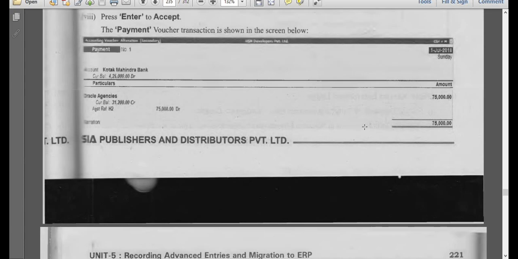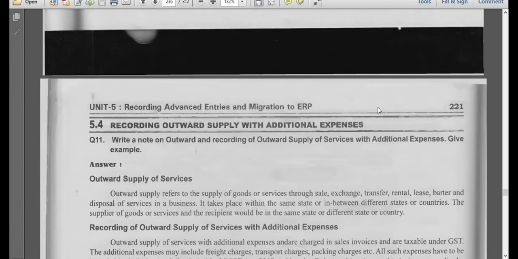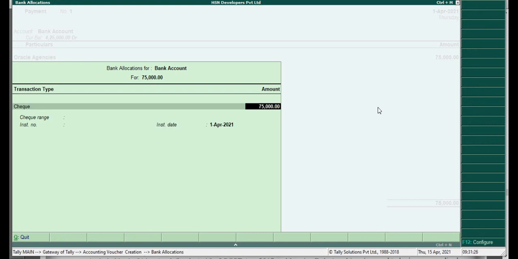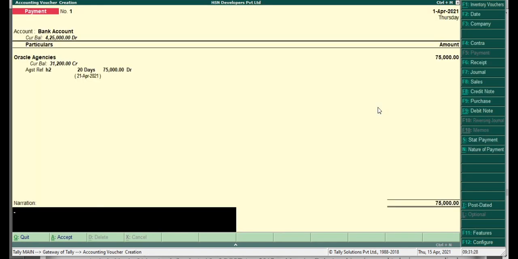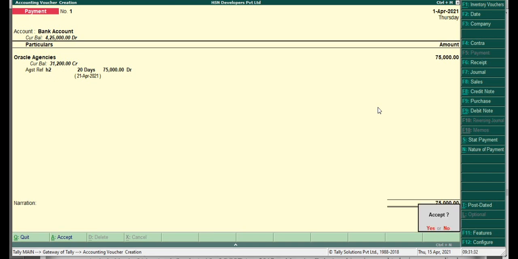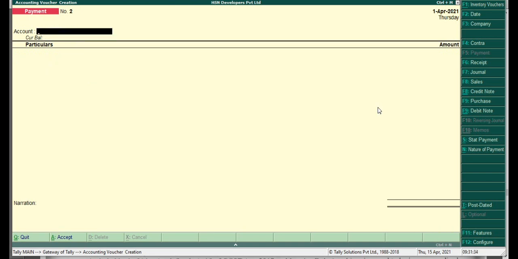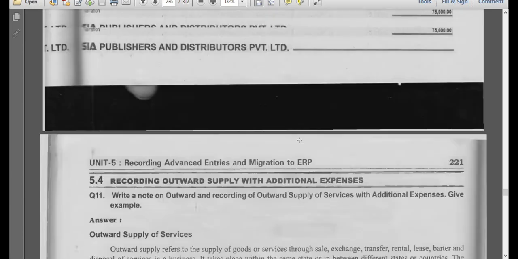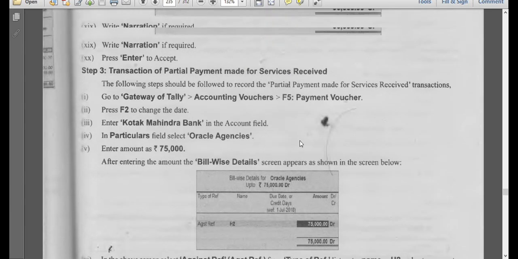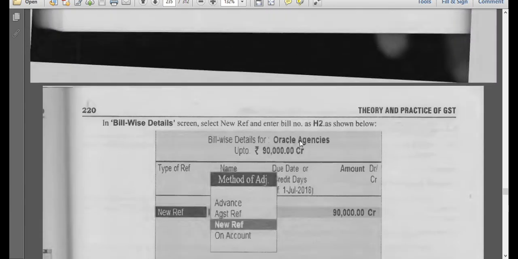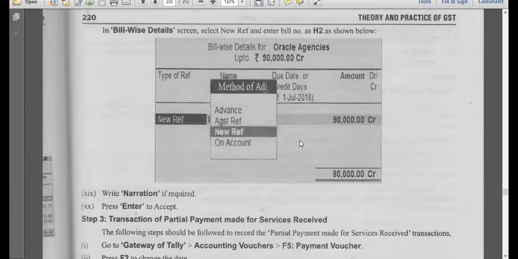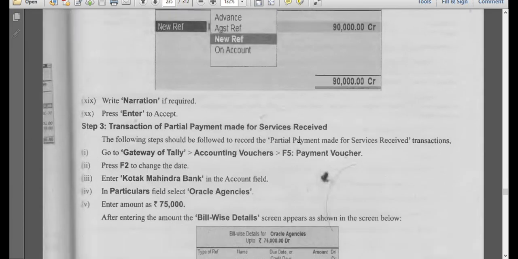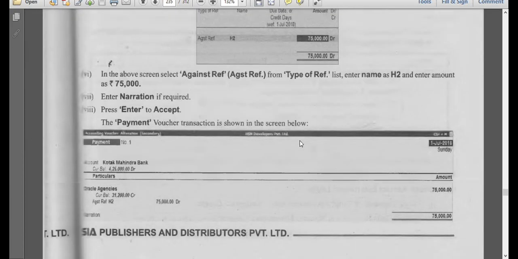What I have paid, 75,000. So the remaining amount, 31,200, has to be paid. This is another simple transaction. Today we have seen how to record multiple services in a single voucher, and second, how to go with partial payment of your services.